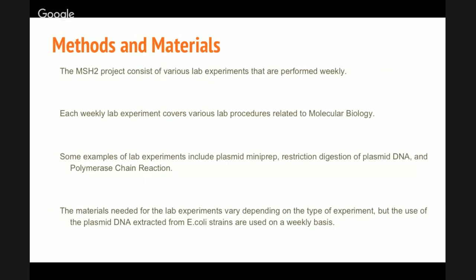The materials that are needed vary depending on the type of experiment, but the use of plasmid DNA extracted from E. coli strains is used regularly. It's also important that you have very great pipetting skills, because your values must be very accurate in order to get accurate results.